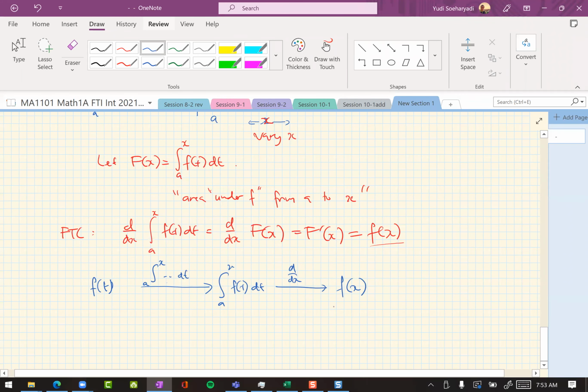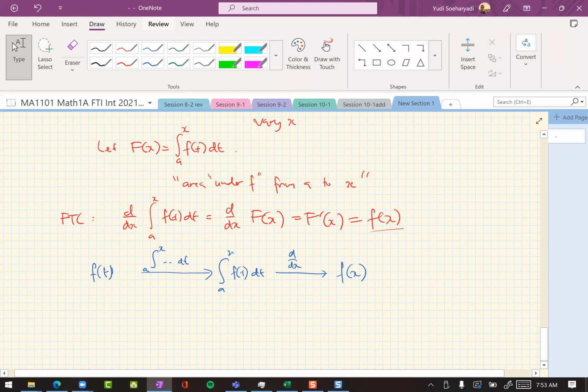Okay, so meaning that t and x are just dummy variables. It doesn't matter. You call it x, you call it t, or call it u, or whatever. That's the same thing. A function is a rule, so changing the variable doesn't change the rule.